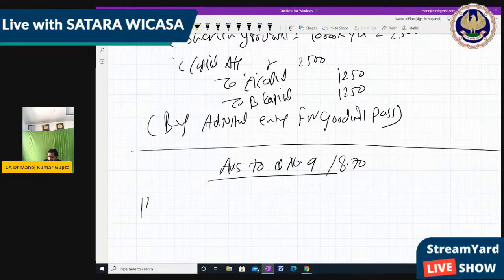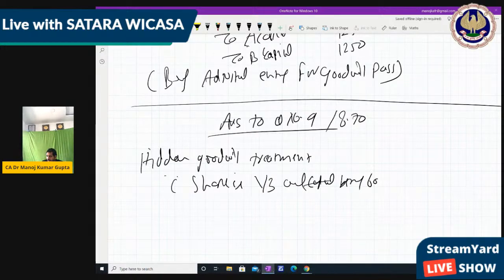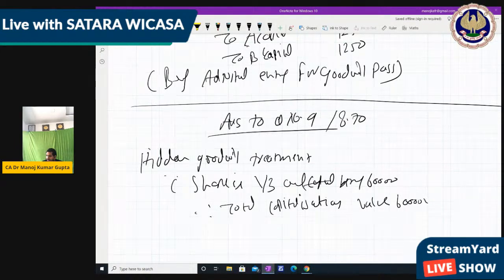C's share is 1/3 and he brings 60,000. Therefore, total capitalization value is 60,000 into 3, that is 1,80,000.